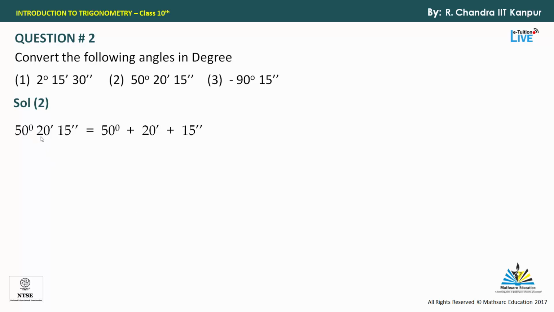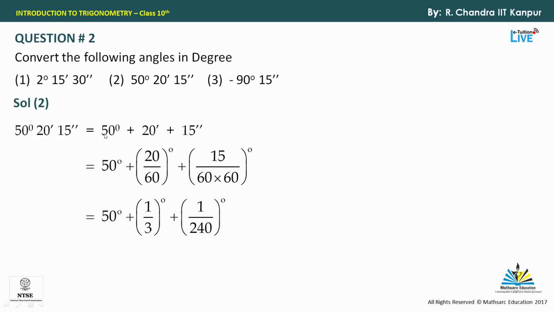Here we have 50 degrees, 20 minutes and 15 seconds. And we write this as 50 degrees plus 20 minutes plus 15 seconds. So this is already in degrees, so we need not convert this into degrees. And here is the 20 minutes, so now this becomes the angle in degrees. Now we need to simplify this.